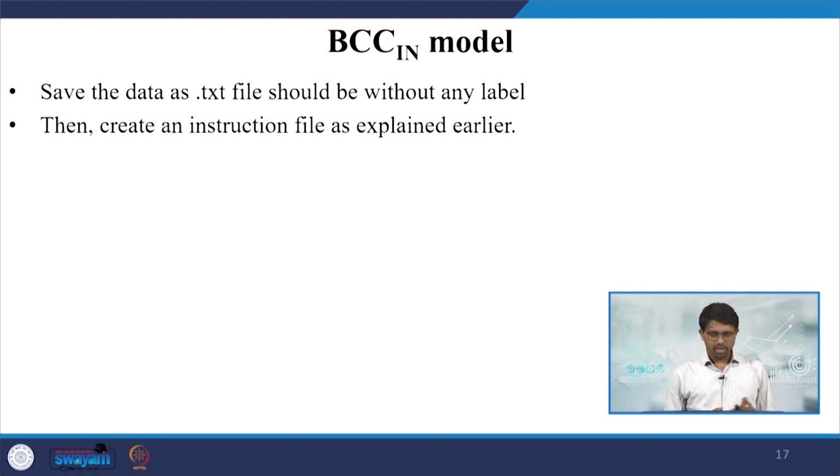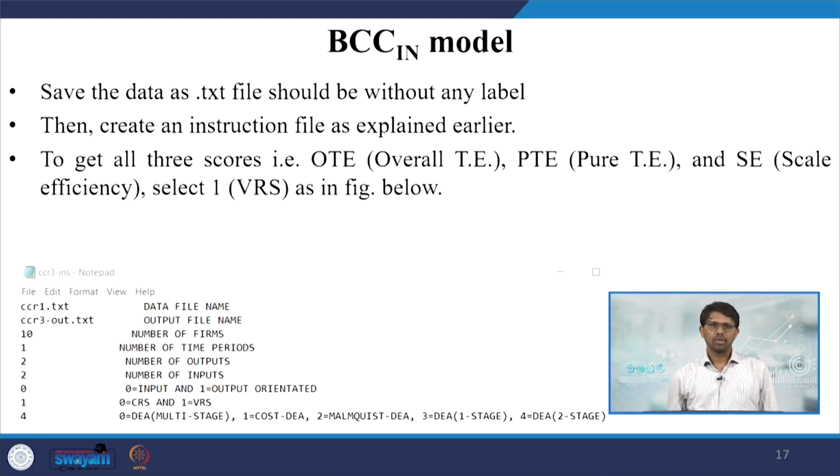Now, as I already told you a couple of minutes back, the CRS based input model and its interpretations, its derivations, and how the result is shown. Now, we are discussing the BCC input model. I will just show you quickly how we did it, then you can recall very quickly.